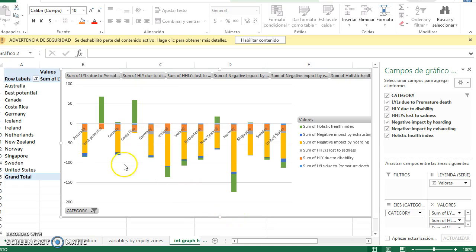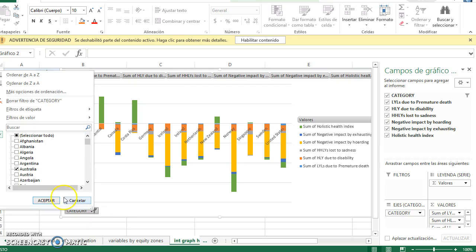And in fact, the best potential we would be aiming at in the world would be something of 68 healthy, happy life years, with some loss of life years due to disability, and no negative impact of hoarding and resource exhausting. The one that gets closer to this ideal is Costa Rica with 58. So this is how it looks.